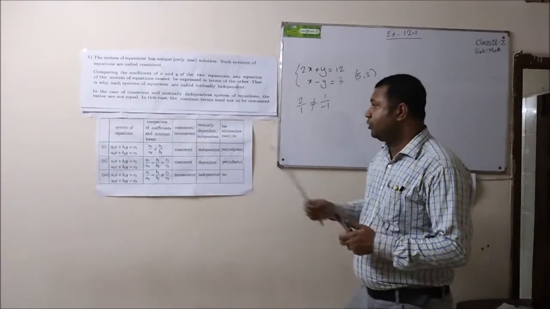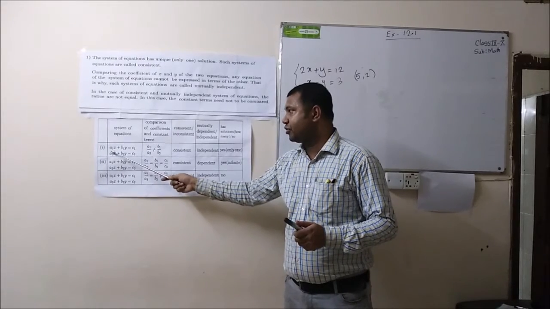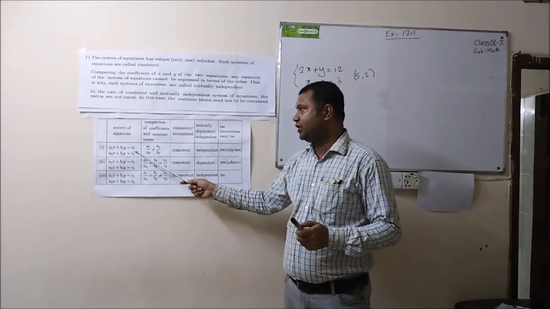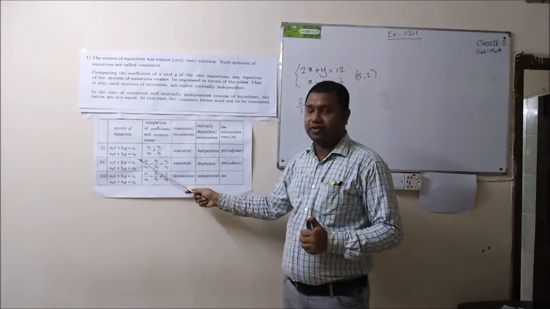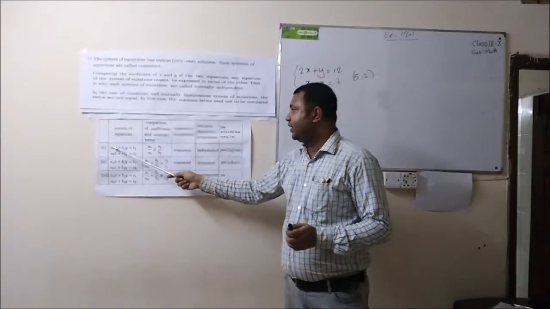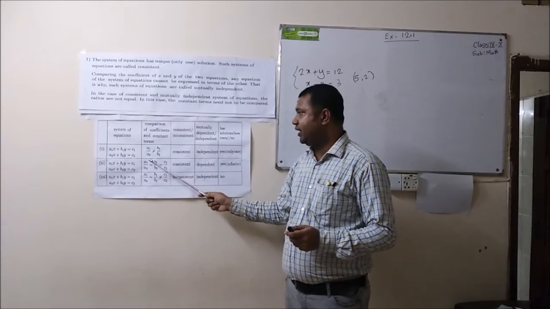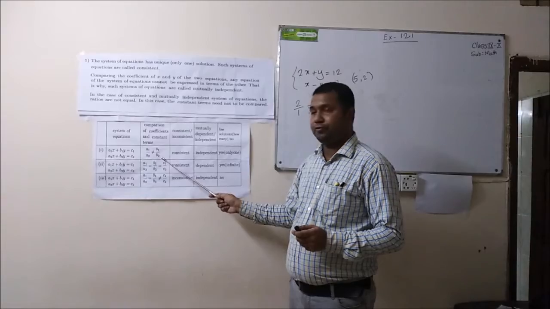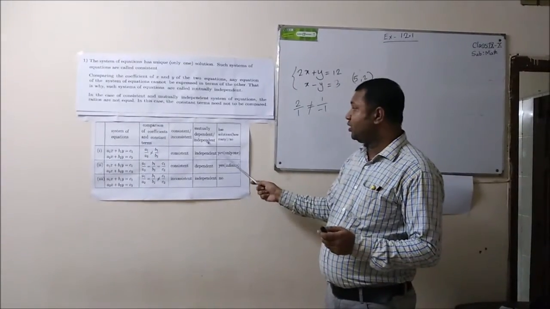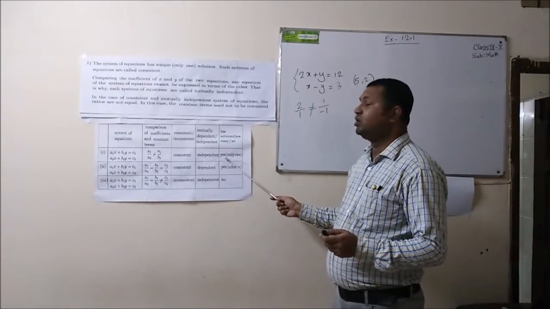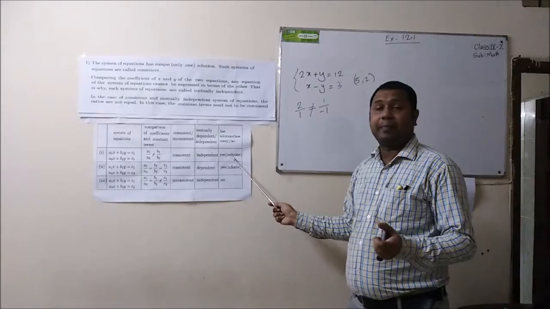So you can look here, number 1. Here is an equation, and there is another equation: a1x plus b1y equal to c1, and a2x plus b2y equal to c2. Their ratio of the x terms, a1 by a2, is not equal to b1 by b2. Such equations are consistent, independent, and they have one solution, but only one solution.